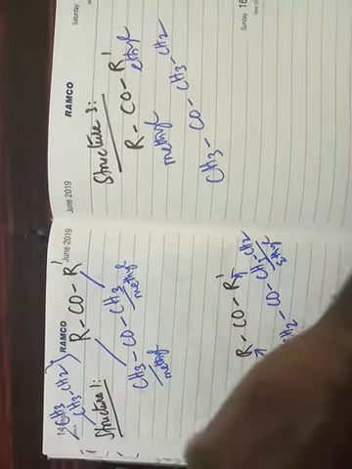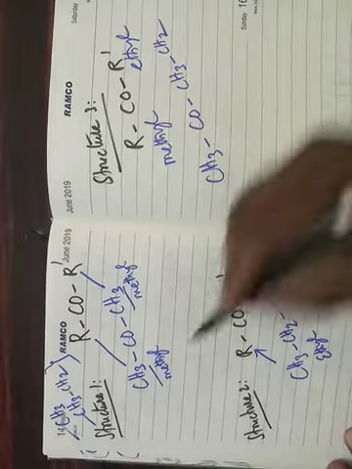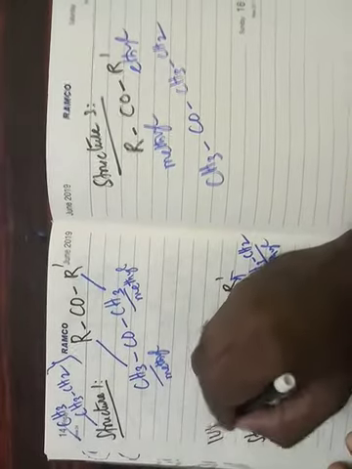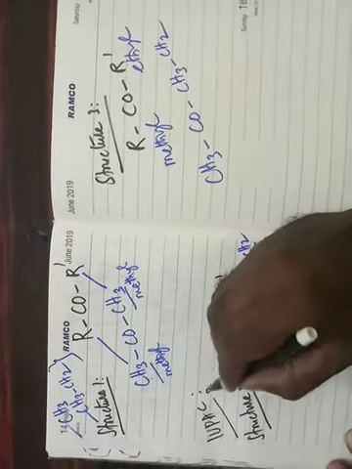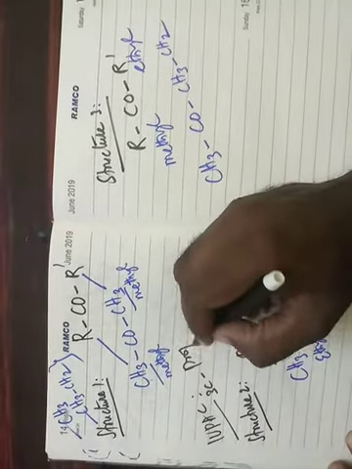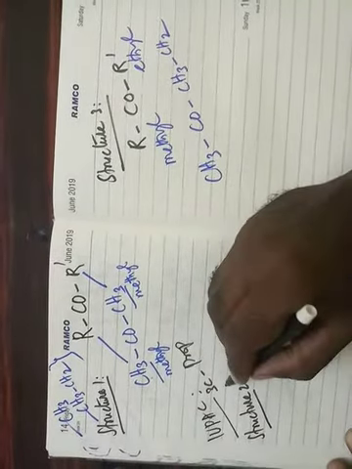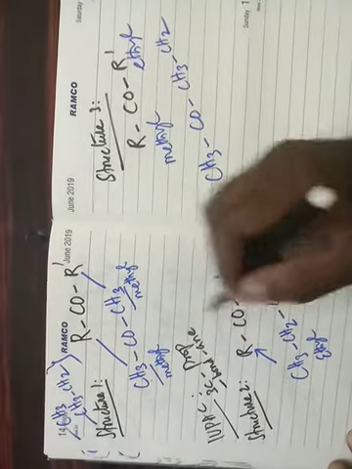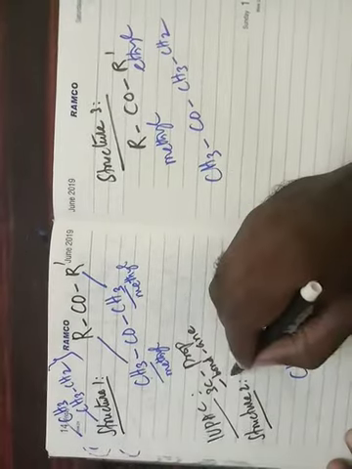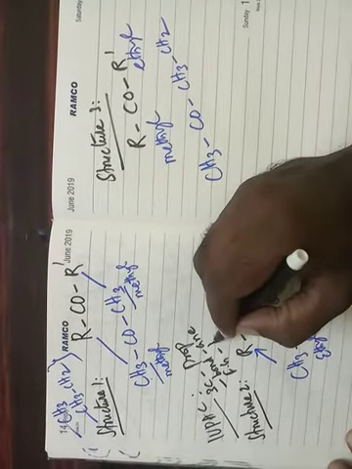Now the question will be how to give the name. Very simple. Count the carbons for the IUPAC name. 1, 2, 3. 3 carbons means prop. The bond is single, so ane. What is the functional group? The functional group is ketone.